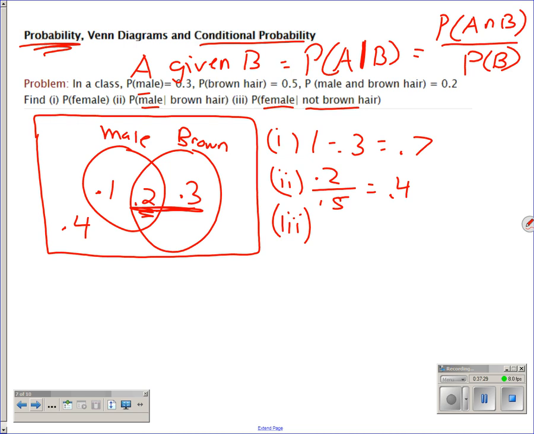Outside the circle is the probability of being both female and not having brown hair. 0.4 is the intersection. And then you want to divide by the probability of the given, which is not having brown hair. The probability of having brown hair is 0.5, so the probability of not having brown hair is also 0.5. So 0.4 divided by 0.5 is 0.8.